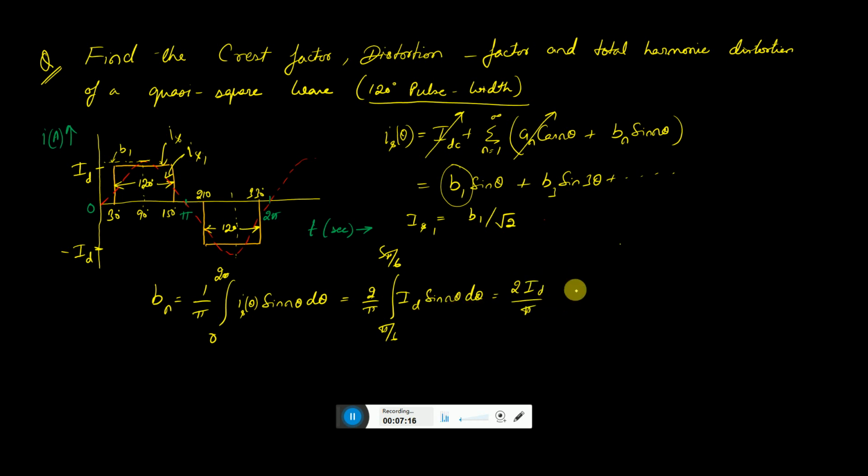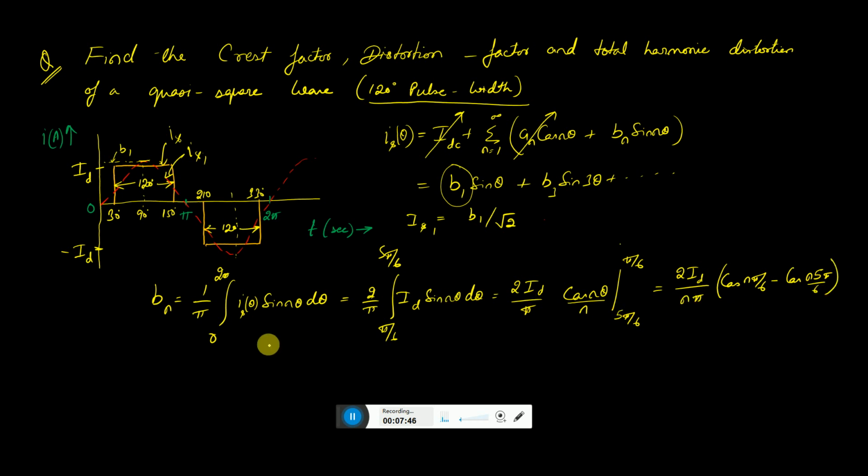Integration of sine of n theta is cos of n theta divided by n, that's a negative. So we will interchange the limit. So 5 pi by 6 will be here and pi by 6 will be here. So this will lead to 2 Id by n pi and cos of n pi by 6 minus cos of n 5 pi by 6.